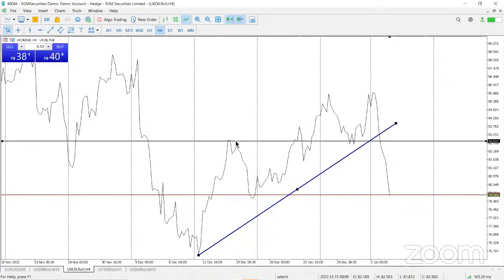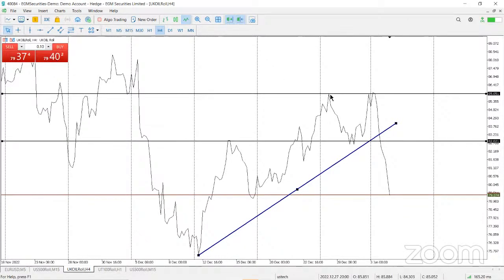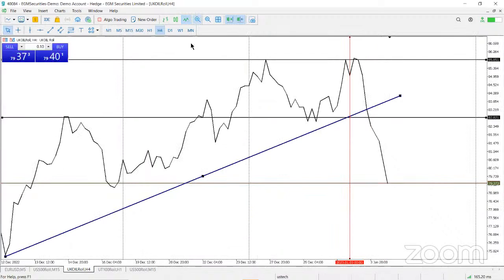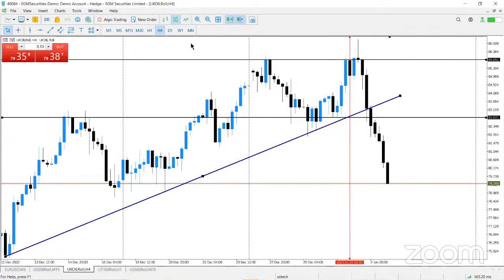So we marked out multiple levels over there, over here. And January began from there. Okay. So as you can see in this case, a sentiment shift is you aligning yourself with the current mood of the market.